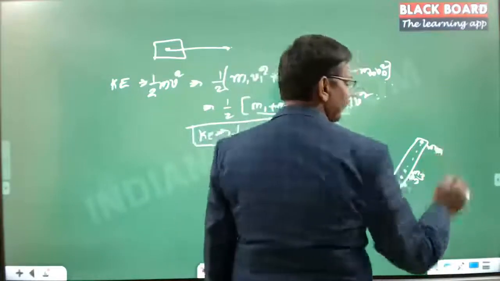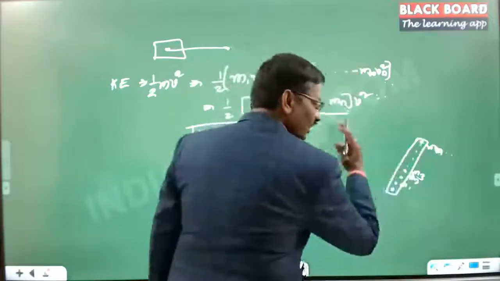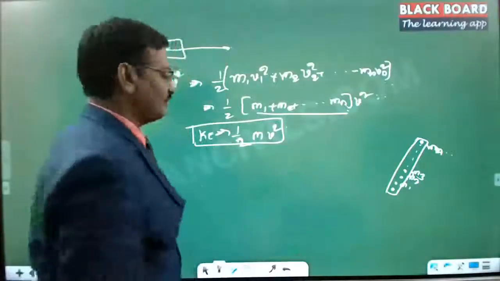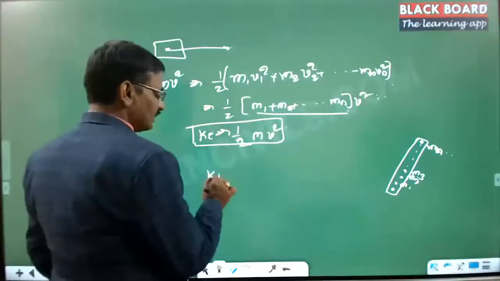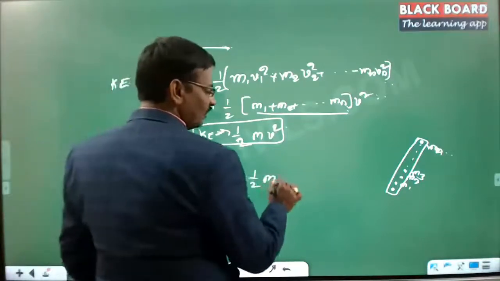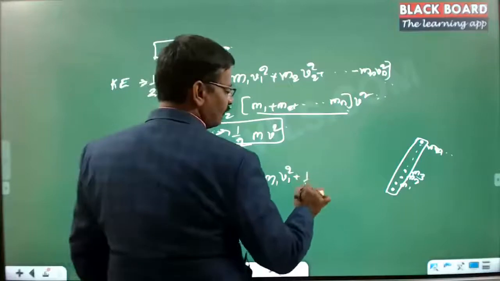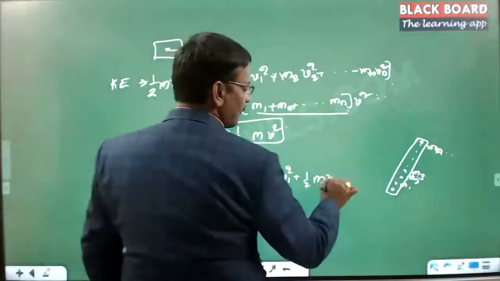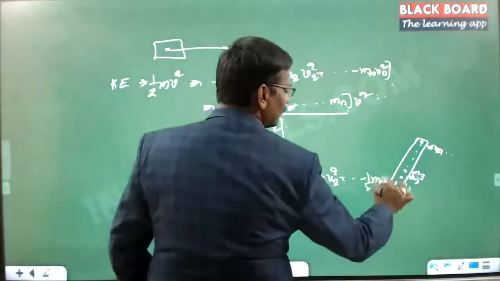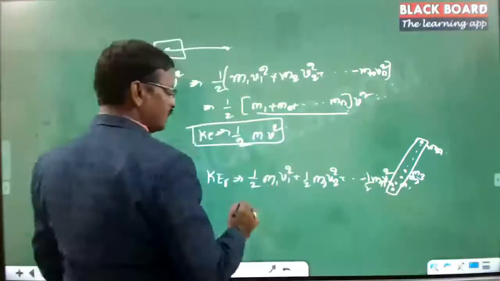Now if this is moved like this, you want to calculate the kinetic energy. So the kinetic energy in the rotational case is equal to half m1 v1 square plus half m2 v2 square plus and so on up to half mn vn square. This is the total kinetic energy.